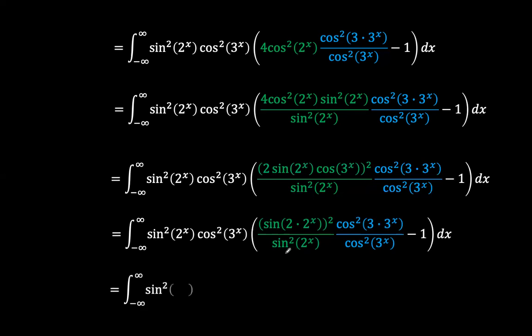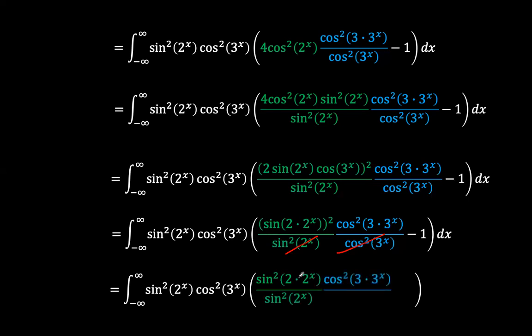As you can see, the denominator can cancel with what is outside the bracket, and you're left with the numerator only.